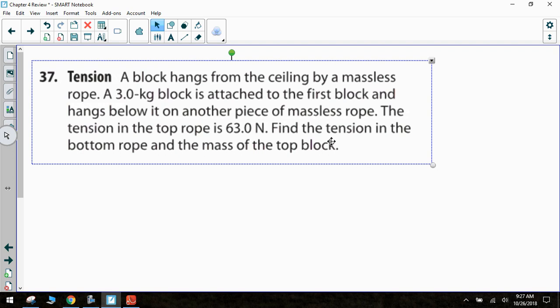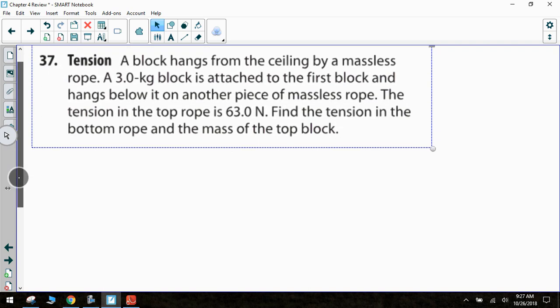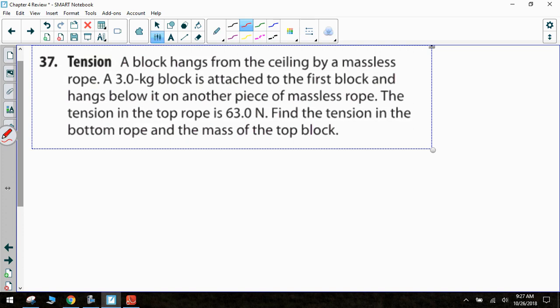So a block hangs from a ceiling by a massless rope. A 3-kilogram block is attached to the first block, hangs below it on another piece of massless rope. The tension in the top rope is 63 newtons. Find the tension in the bottom rope and the mass of the top block. Okay, so it's similar to what we had before, but it is different, right? So I've got a block hanging from the ceiling, and then a 3-kilogram block is attached to this one.